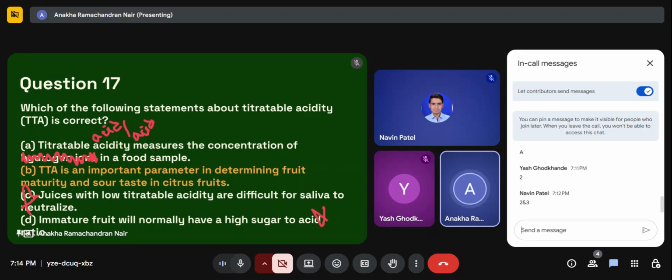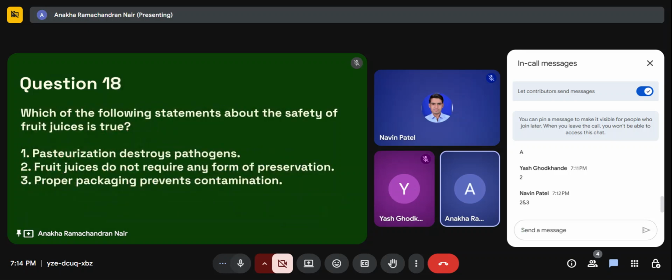So let's move on to the next question if there are no doubts in this. Question number 18 is, which of the following statements about the safety of fruit juices is true? Option 1, pasteurization destroys pathogen. Option 2, fruit juices do not require any form of preservation. And option 3, proper packaging prevents contamination.